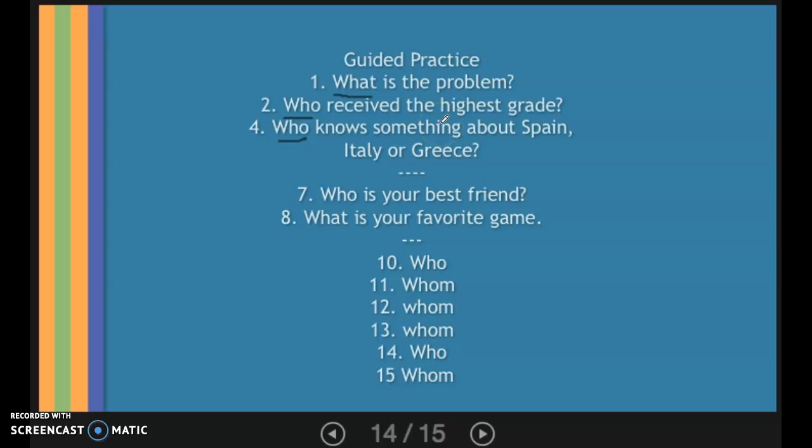That section's pretty straightforward. It's not going to give you a lot of difficulty. And there's obviously the same section, not the exact same section, but the same section based off of this section on page 164. So there's another section, 7 through 9, and they want you to write an interrogative pronoun to complete each sentence. Who is your best friend is what I wrote, and what is your favorite game?